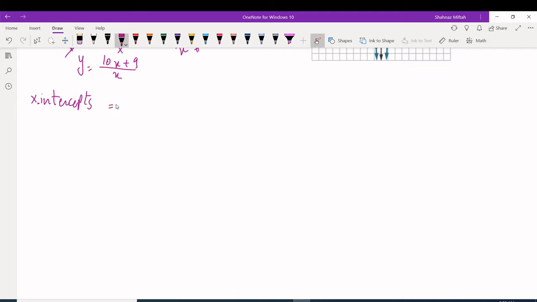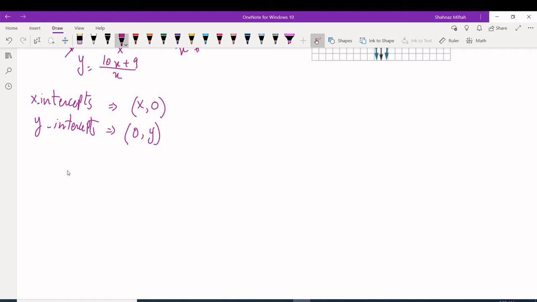X intercept means when y is always going to be 0, and make sure when they use the word x intercept, just write it as an ordered pair like that, then you won't forget that I'm talking about (x, 0). Y intercept means when you plug in 0 for x, you will get y. For the x intercept, you plug in 0 for y. For the y intercept, you plug in 0 for x, and you will get these x intercepts and y intercepts.